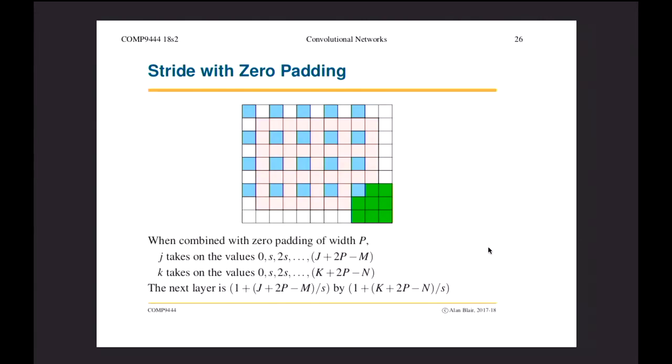Could you use another function for the pooling? Okay, the question is, can you use another function for the pooling? I think you could, theoretically, yeah, you could use the mean or the median. These things go back.